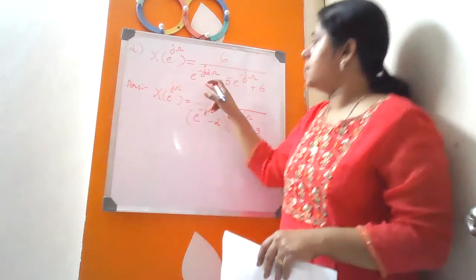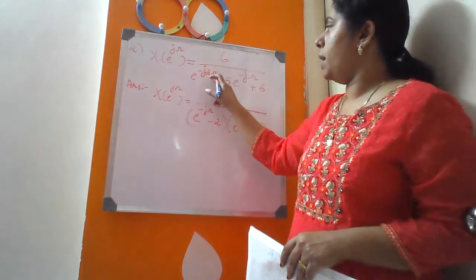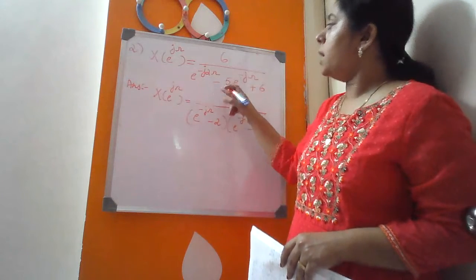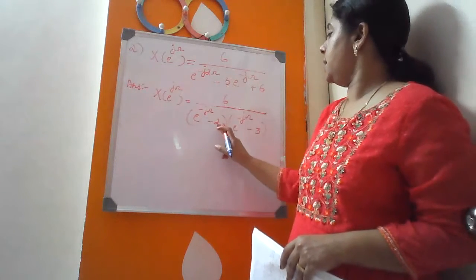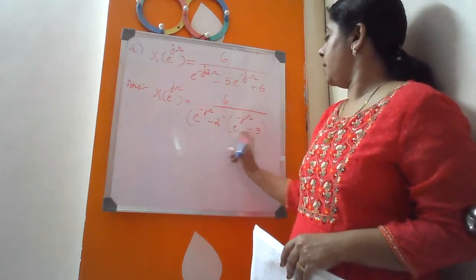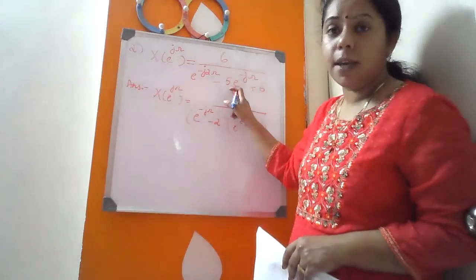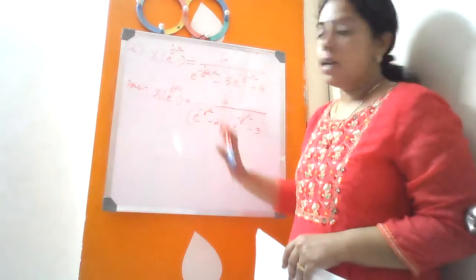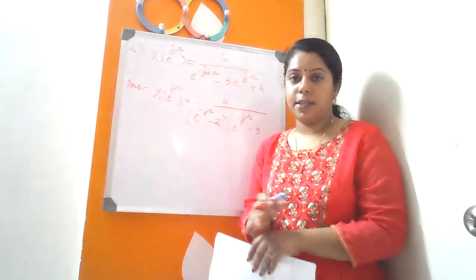Now I can write this equation as e power j omega minus 2, then e power minus j omega minus 3. When multiplying I get plus, and when adding I get minus. So first factorize it, and I am getting an equation in this form after factorizing.